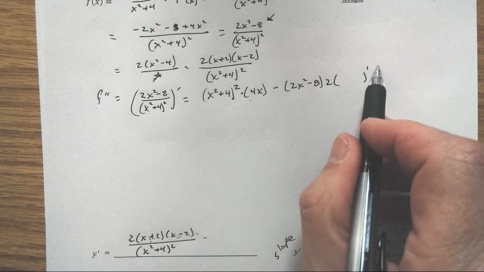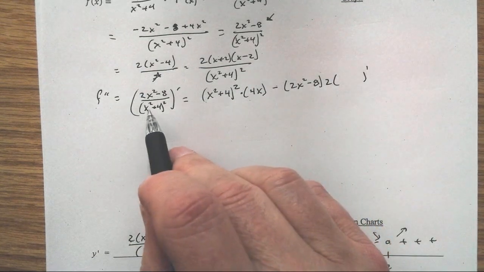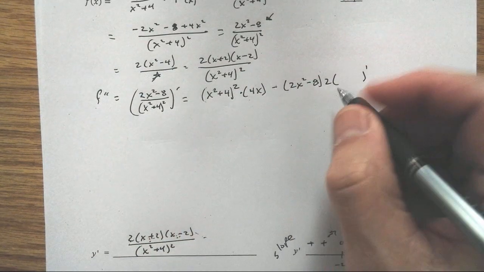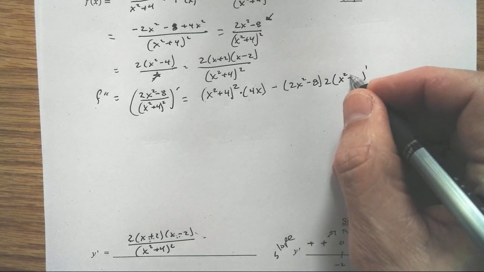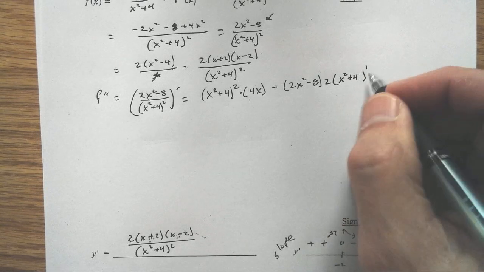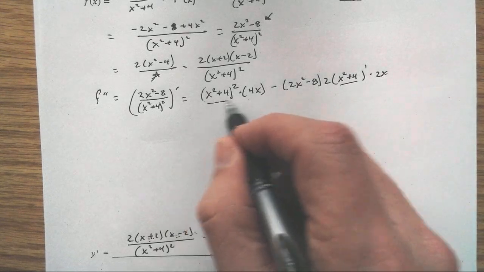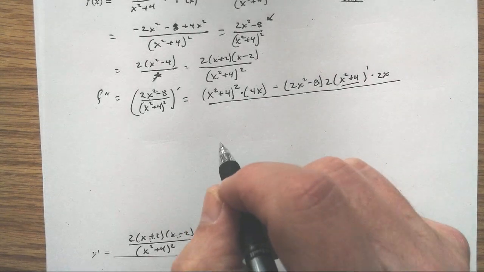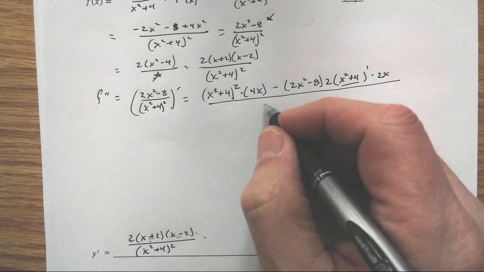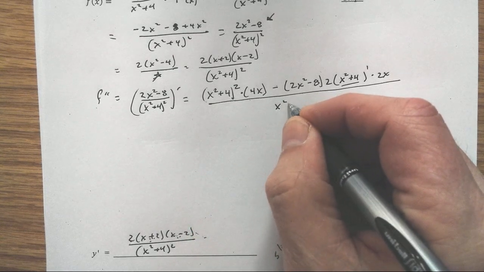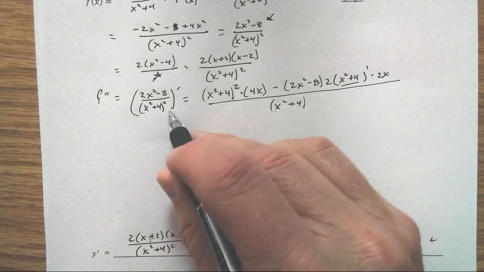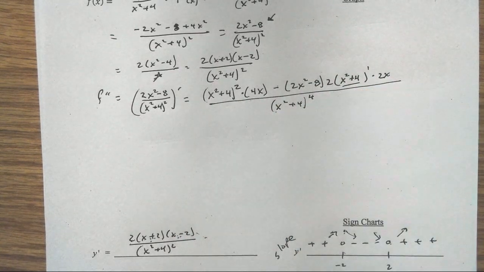We don't need the 1, but that's just for emphasis. Leave the baby alone, x squared plus 4. Treat the baby function, 2x. All on the square of the thing below, x squared plus 4 squared squared, or to the 4th.